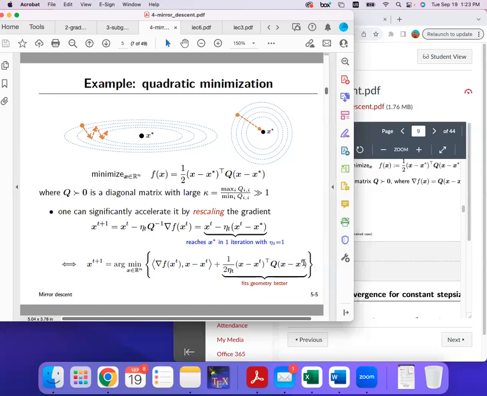But you can tell that this distance metric is more adapted to this problem, because the problem we are looking at is based on such a quadratic function. It is related to Q, but now the distance metric we are using also depends on Q. So this will better fit the geometry of the underlying problem.